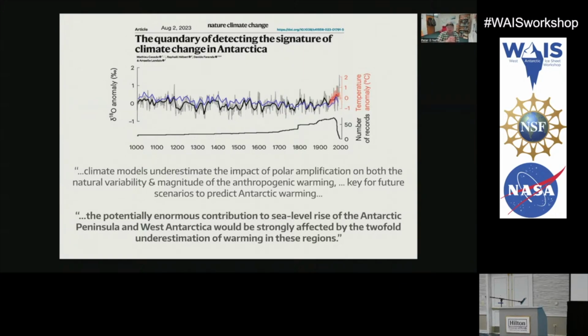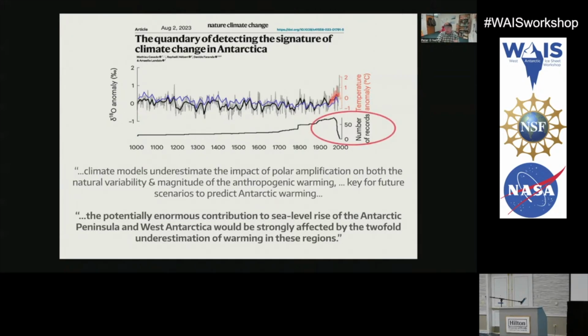What they found is that the models really underestimate the impact of polar amplification on both natural variability and the magnitude of anthropogenic warming, which is really important to understand for predicting Antarctic warming into the future. And so there's a huge offset there potentially between the contribution of sea level rise from the Antarctic Peninsula and West Antarctica in particular, that's going to really care whether or not you are underestimating the warming in those places by a factor of 2. So we really need to get this stuff right and need a lot of observations to do that.